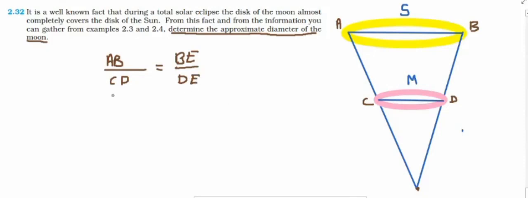From there, CD, the diameter of the Moon, can be calculated. CD is equal to AB, the diameter of the Sun, into D, the distance between Earth and the Moon, divided by BE.